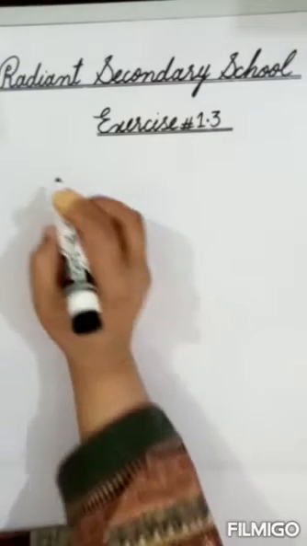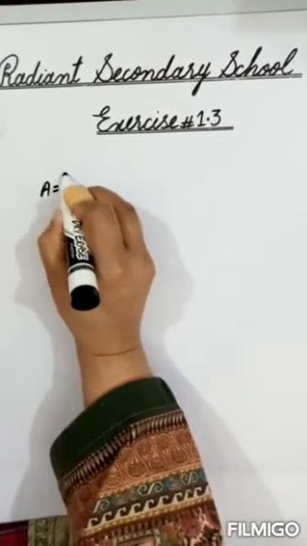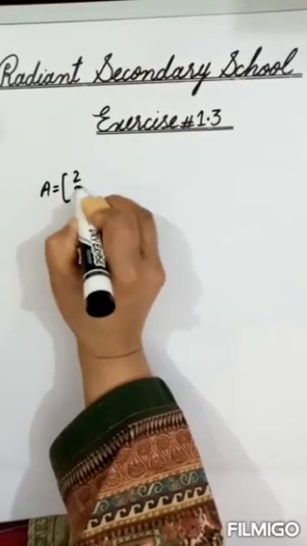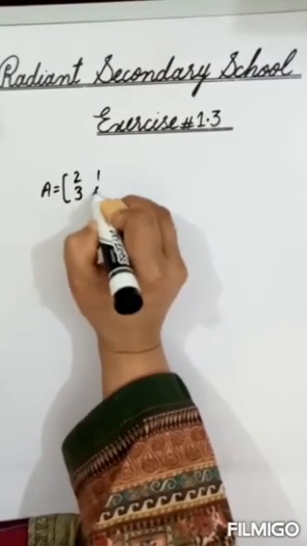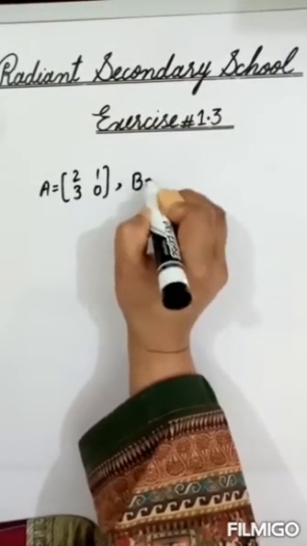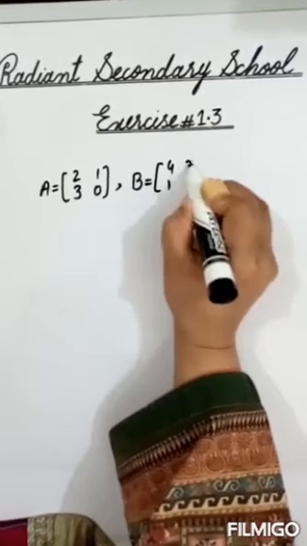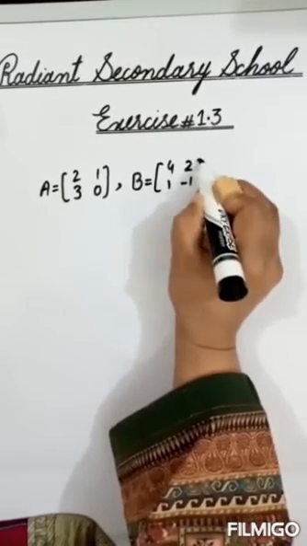For example, I have a matrix A which is equal to 2, 3, 1, 0 and matrix B is equal to 4, 1, 2, minus 1.